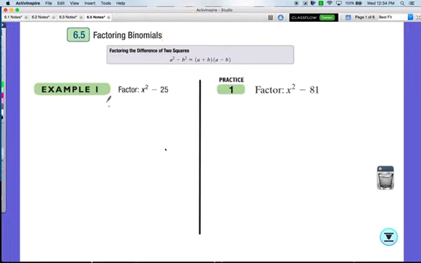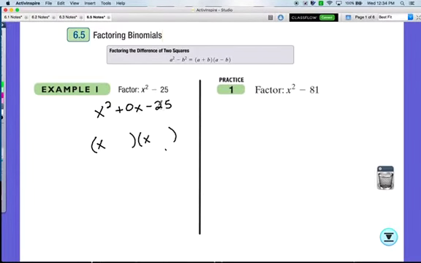I could rewrite x squared minus 25 as x squared plus 0x minus 25, and turn it into a trinomial. When you factor it, you know it's got to be x and x.